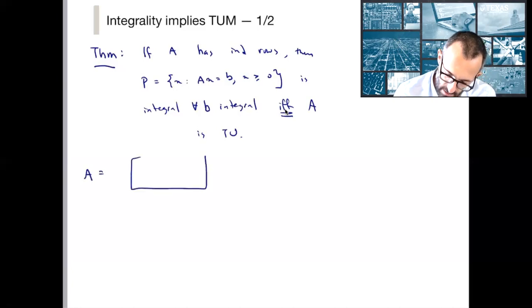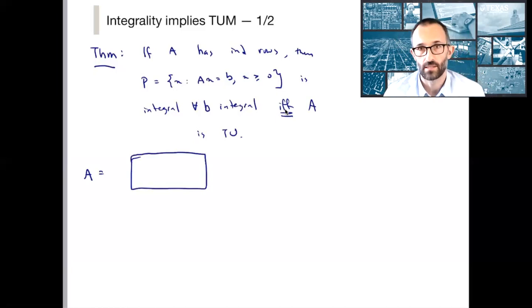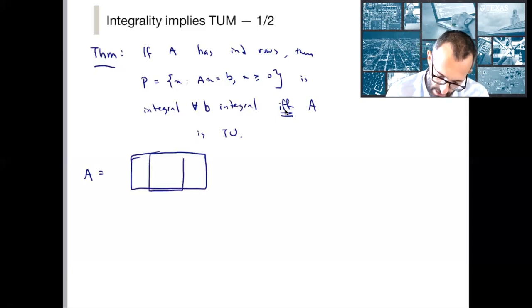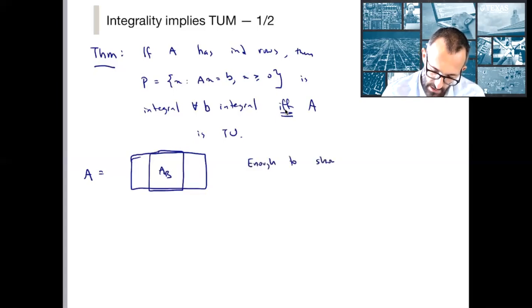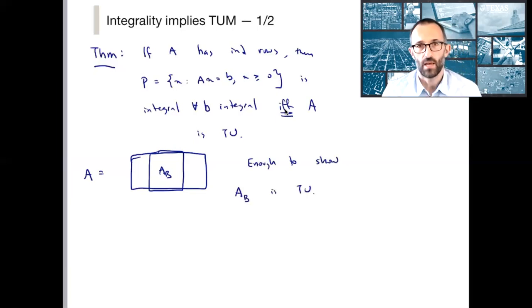So A in this case is a matrix that is short and wide, and we know what any extreme point is going to look like. It's going to look like, I'll choose my basis A_B. So clearly, it's enough to show that A_B is totally unimodular, because any square submatrix of A is a square submatrix of some basis A_B for some B. So it's enough to show that this is totally unimodular.